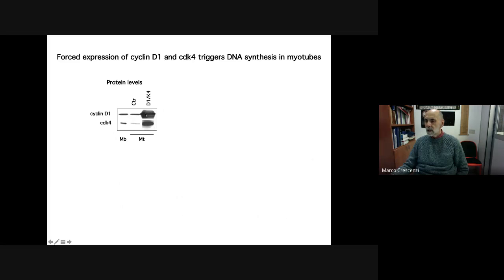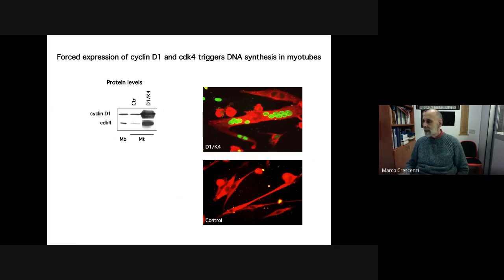You see that we got huge overexpression of both cyclin D1 and CDK4, and the outcome of this overexpression was reactivation of the cell cycle in the infected myotubes. Here again, you see in red myosin heavy chain, marker of differentiation, and in green, you see BUDR incorporation, a clear sign that these myotubes had replicated their DNA. Control myotubes, of course, did not incorporate BUDR.